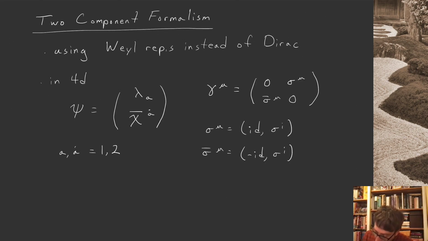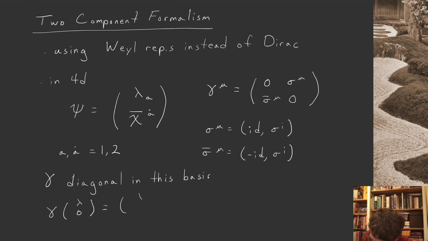Now the gamma 5 matrix is diagonal in this basis, with ones and then minus ones, and so if we act with gamma 5 on lambda, we'll find its positive chirality, and if we act with gamma 5 on the chi, we'll find its negative chirality.